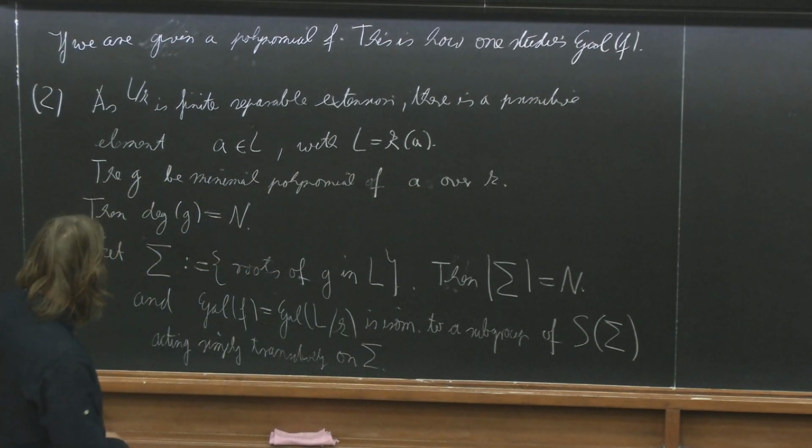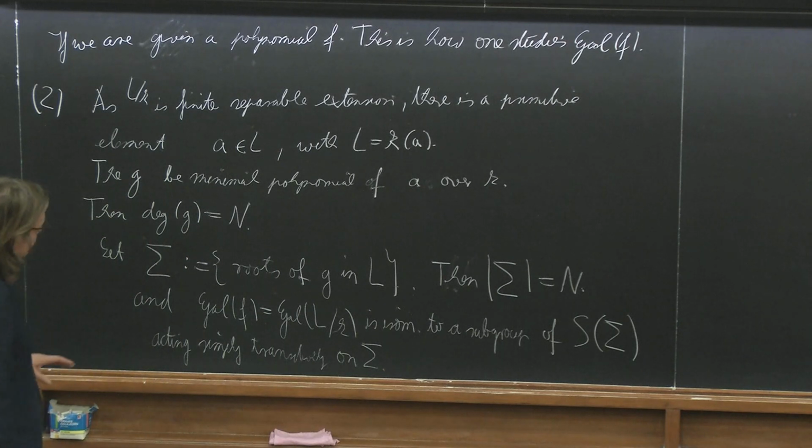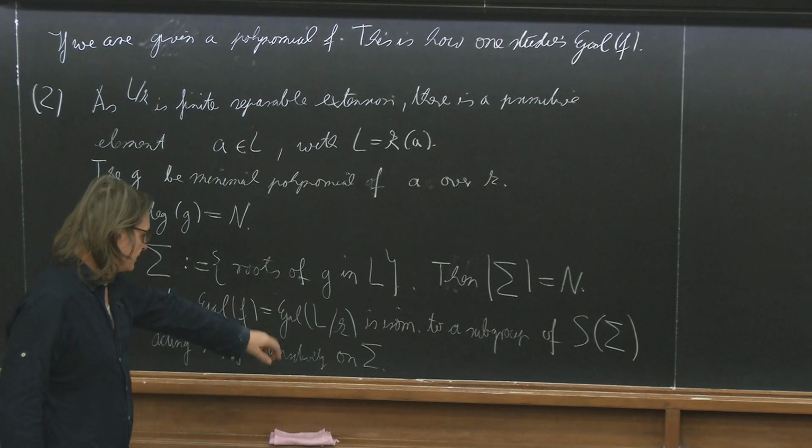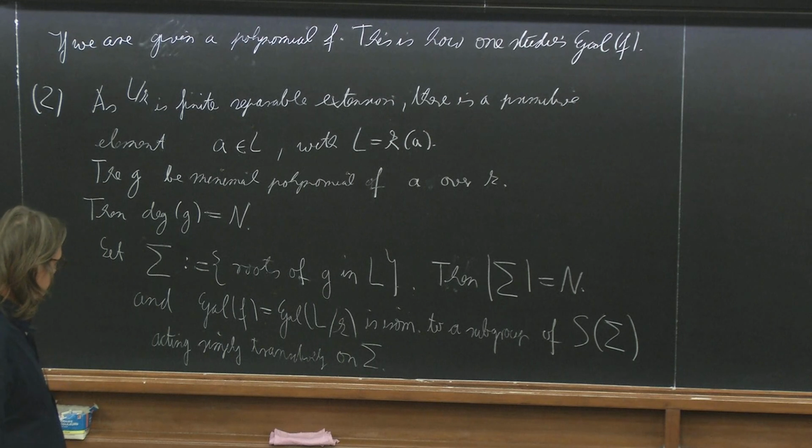So this second one we actually will not use so much anymore. We have used it, for instance, to prove that the degree of a Galois extension is equal to the number of elements in the Galois group, because if it acts simply transitively, the elements in the Galois group are as many as elements in sigma.